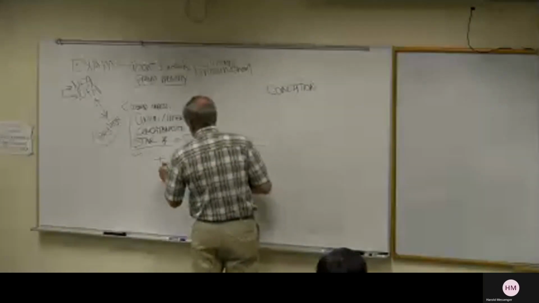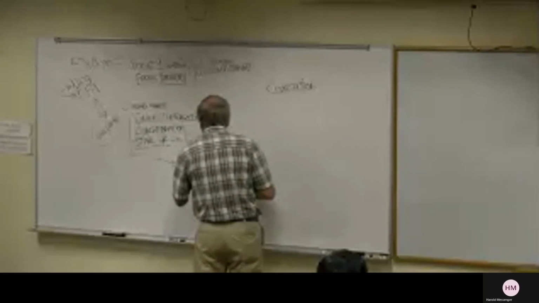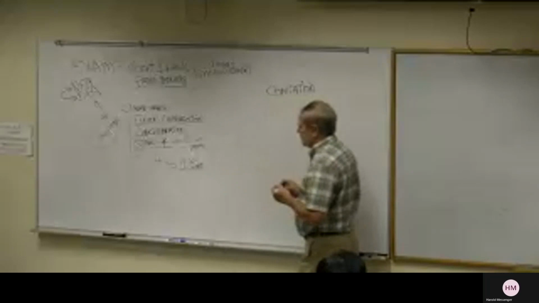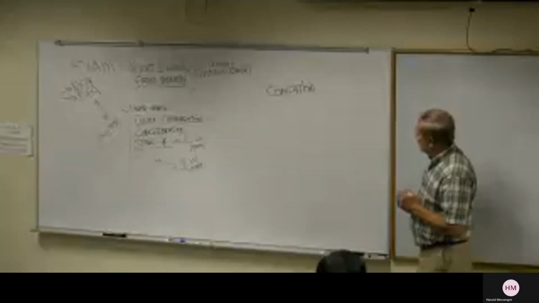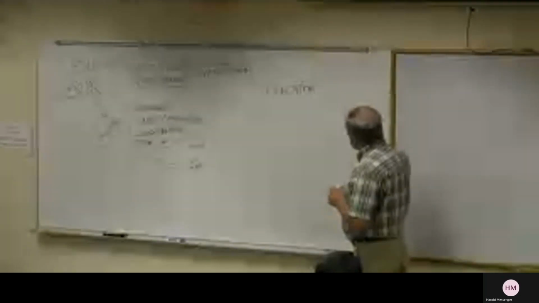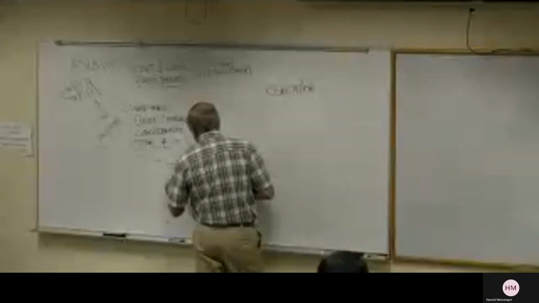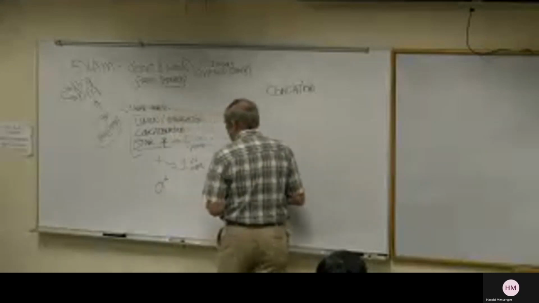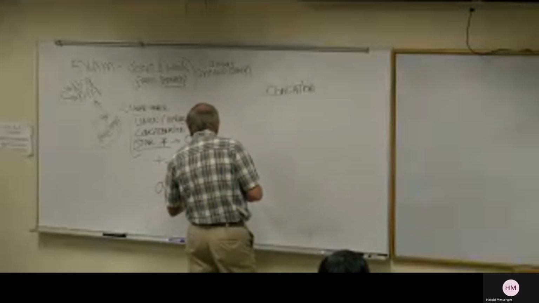So it removes the empty string, it removes the choice of having no selection. So something like A plus is the same as saying A A star. And you have to have at least one of them, and then as many as you want.